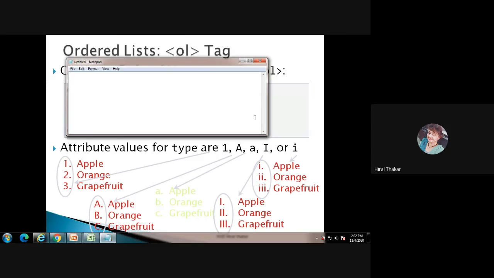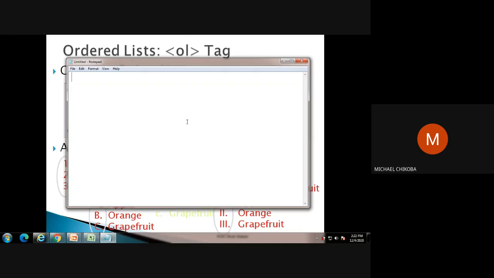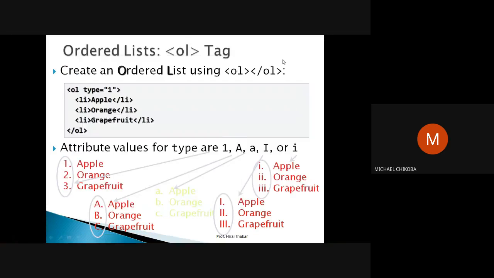Yes, tell me. I wanted to ask about the attribute, you said it can be 1, 2, 3, but there it's showing just one for all. Are you talking about this line? See, these are the examples, right? What type of value can I give over here? These are just examples.